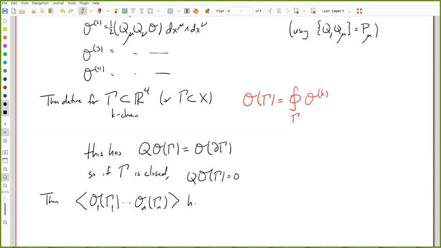And so this has all the same good properties. Well, let's say good properties similar to those of O1 of x1 up to On of xn.